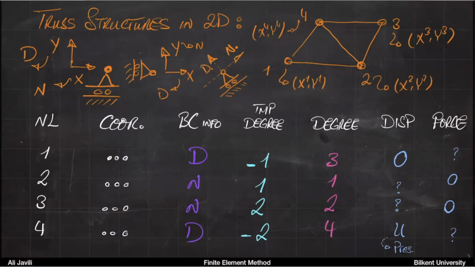So basically what I'm trying to say is that if you want to play this game again, now instead of one piece of information here, you would have two pieces of information. So that means the degrees of freedom, the displacement that you have on each of those coordinates, and the forces also have two components.